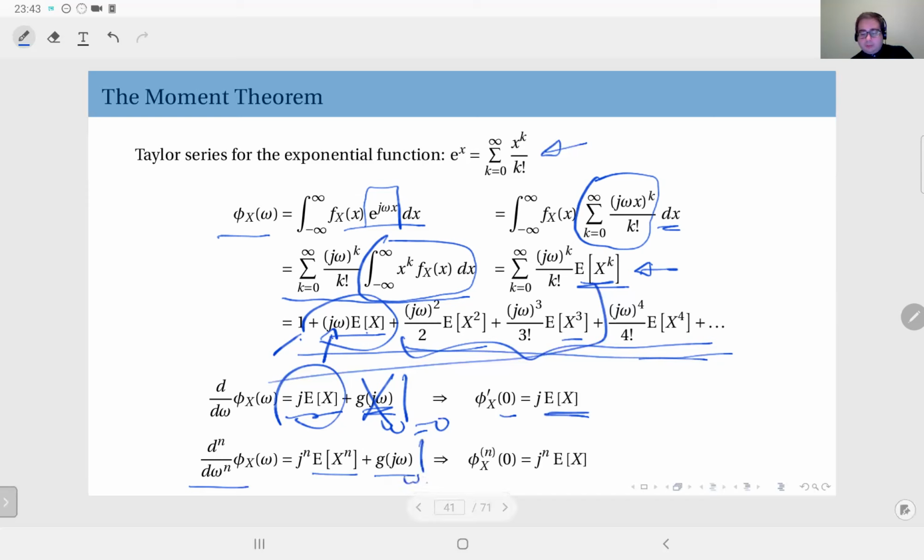And when you just plug in omega equals 0, this disappears, okay, because it would have omega, omega squared, omega cubed, etc. So those will all go to 0. You will just have this. So take the nth derivative, plug in omega equals 0. What you get is j to the power n times the nth moment. Okay, so this is how you can compute moments using the characteristic function.